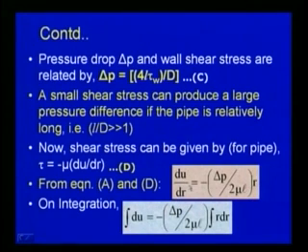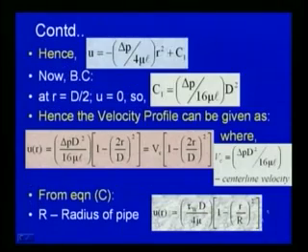If you want to find out the velocity or discharge, we can use this general relationship for laminar flow in the pipe. Integral du is equal to minus delta P by 2 mu L integral r dr, where delta P, mu and L are constants.